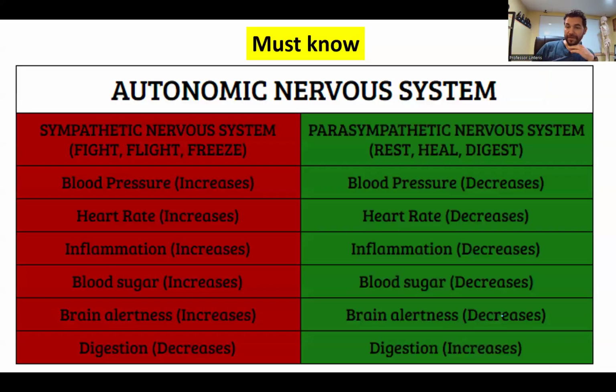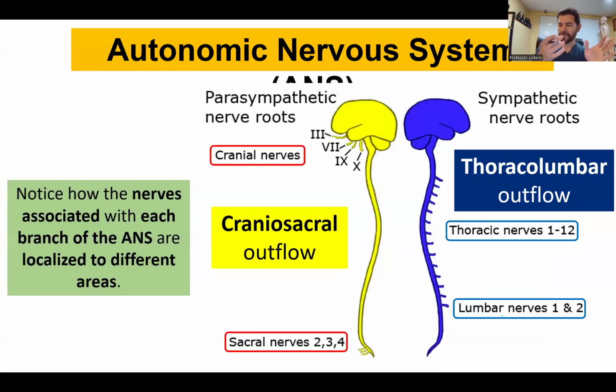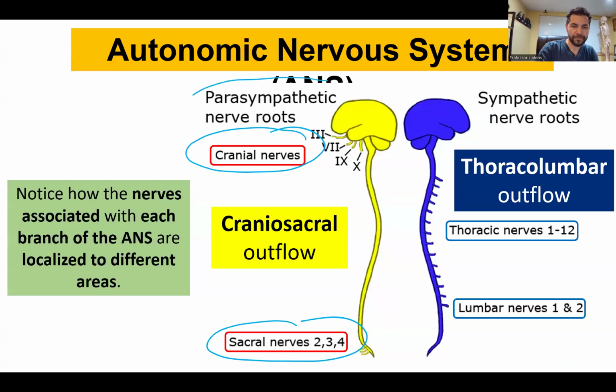This highlights it right here, nice and simple, right? It's exactly the same thing as the other one. This is what I talked about on the previous slide, but I said that we'd talk about it again. We have the craniosacral branches for the parasympathetic nervous system.